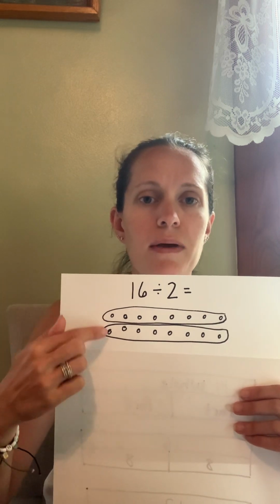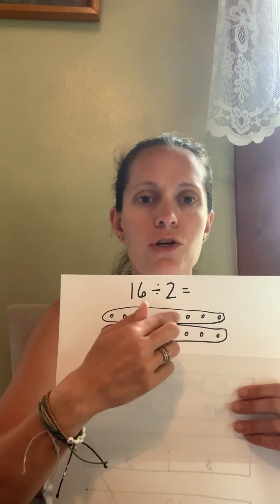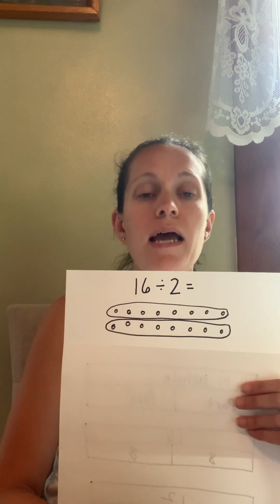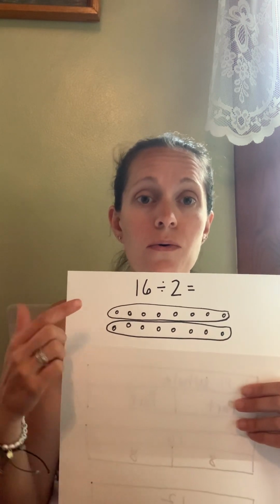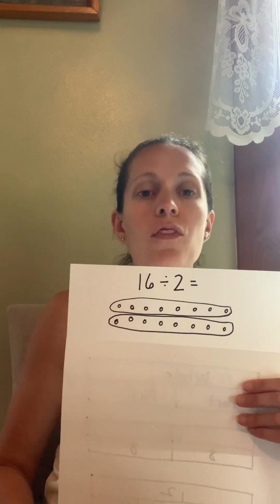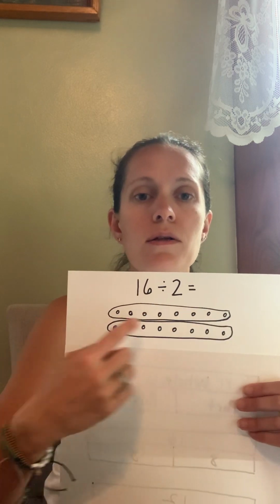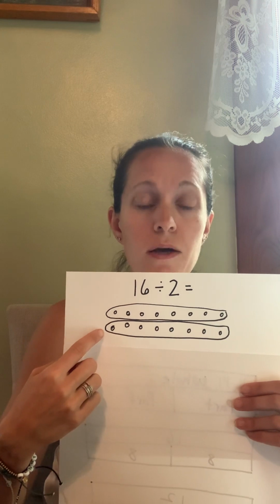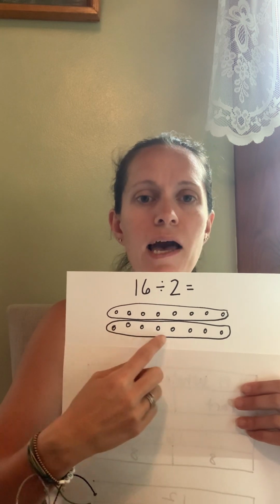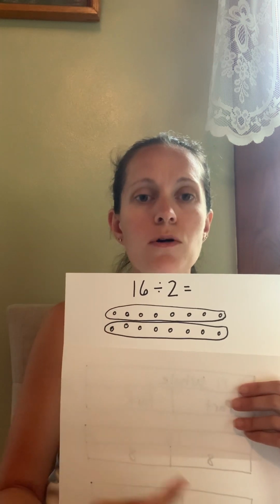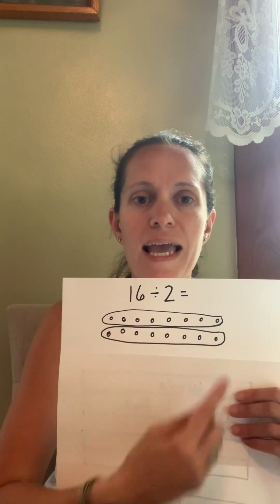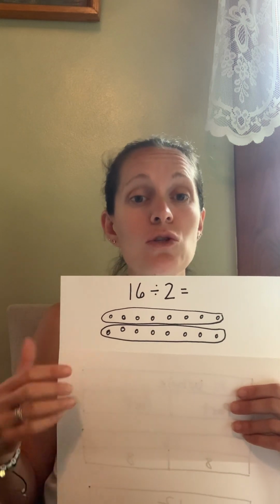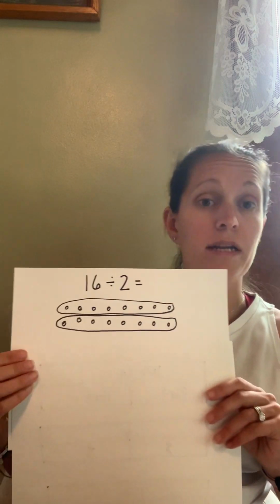They know they need to make them in little groups of 2 when they're drawing it out. Now, after they have done that and they get to 16, or their dividend, they are going to circle the 2 equal groups. Once they've done that, they can count how many are in those equal groups. And if we look here, 1, 2, 3, 4, 5, 6, 7, 8. 16 divided by 2 is 8. So that's another strategy we're using. All of these are great ways to do it.